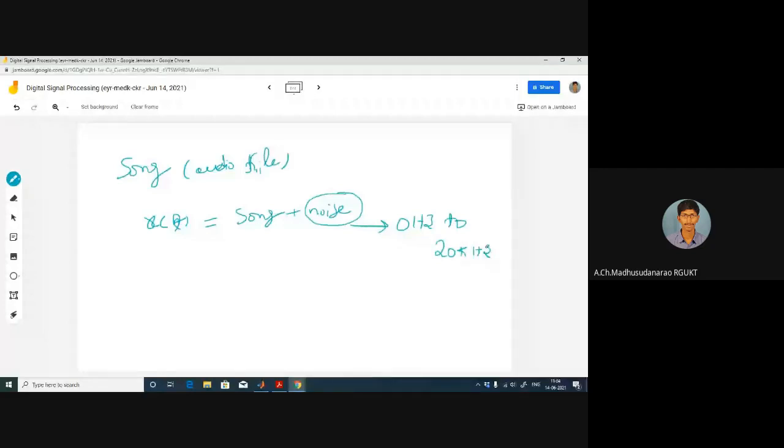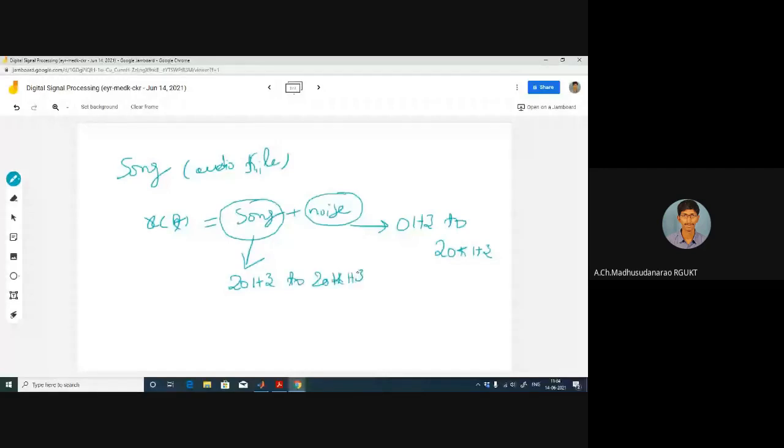In general, what is the frequency range for song? Song is the same as an audio file, voice plus music. What is the range of frequencies? 20 Hz to 20 kilohertz. In general, this is from 20 Hz to 20 kilohertz, right?